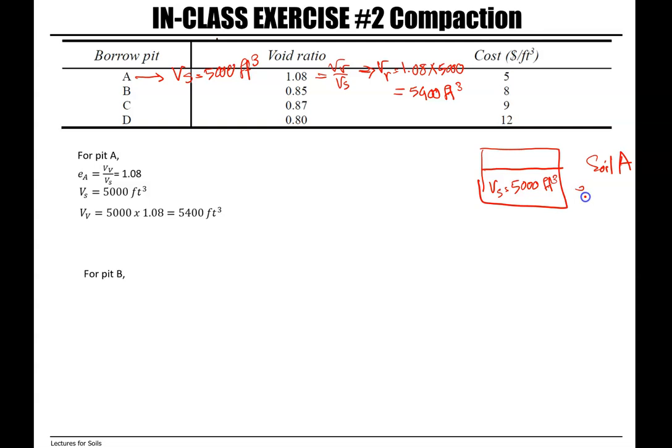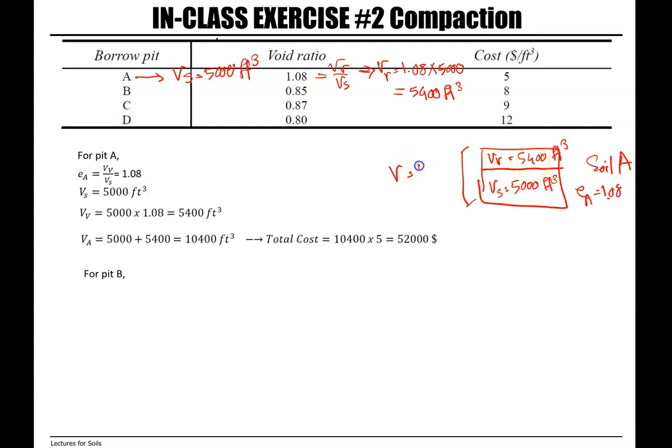But since void ratio of A is 1.08, volume of void will be 5,400 cubic feet. So our total volume is 5,400 plus 5,000, which is 10,400 cubic feet. That's how much material we need to bring from pit A to make sure that there is 5,000 cubic feet of solids to be able to do the 8,500 cubic feet for the embankment fill.